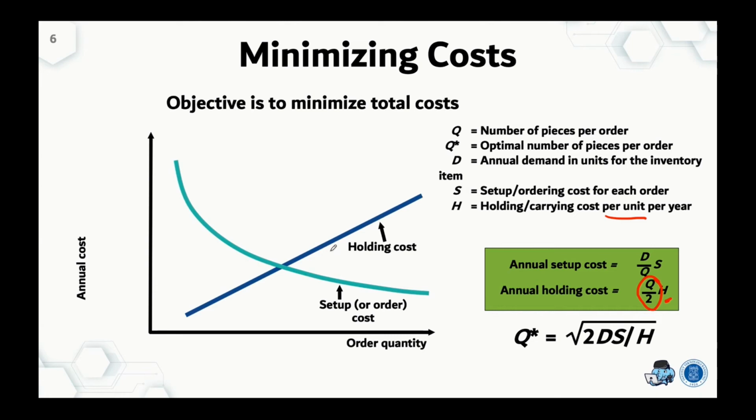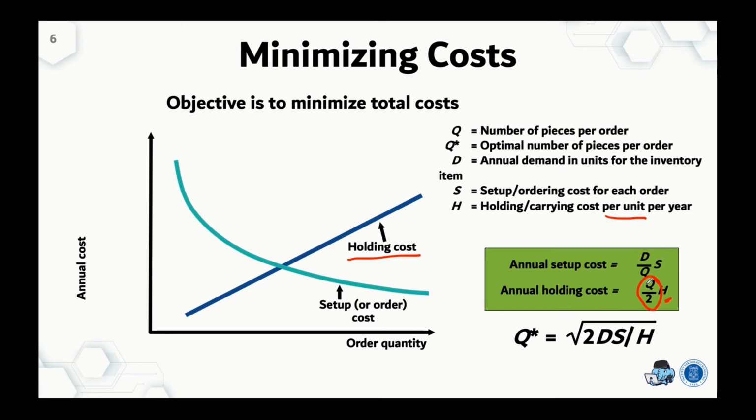if we draw it into a curve, we have this straight line for the holding cost. And then the second cost is setup or ordering cost. For setup or ordering cost, the larger the order quantity is, the lower the cost that we have to pay.